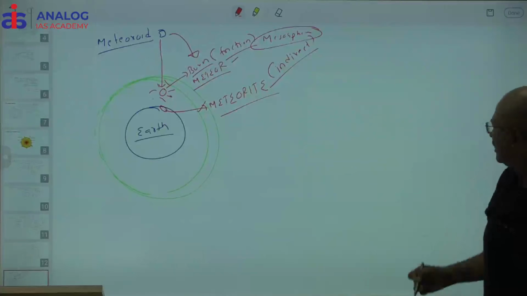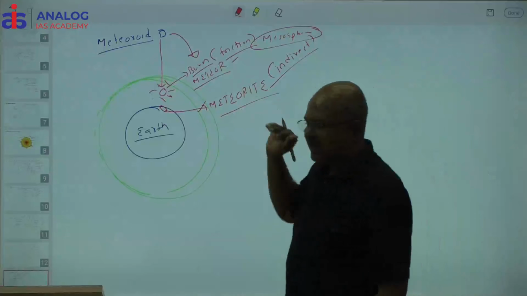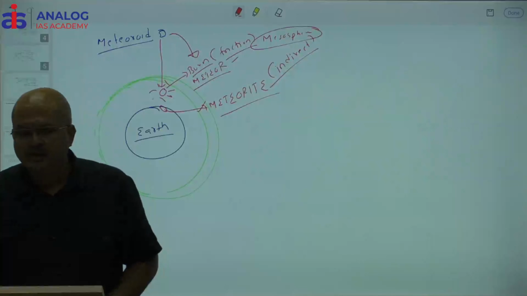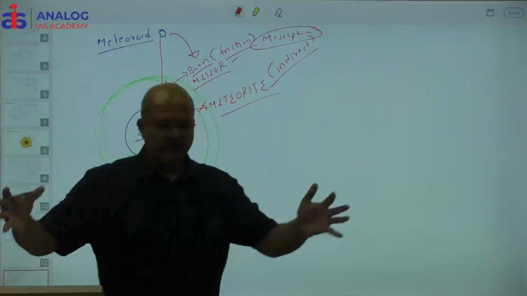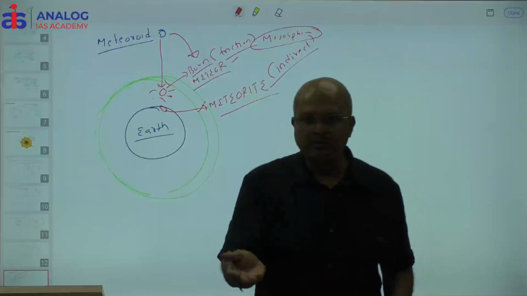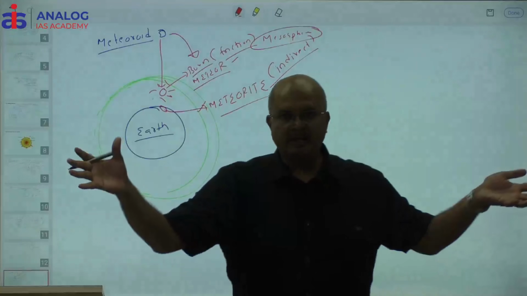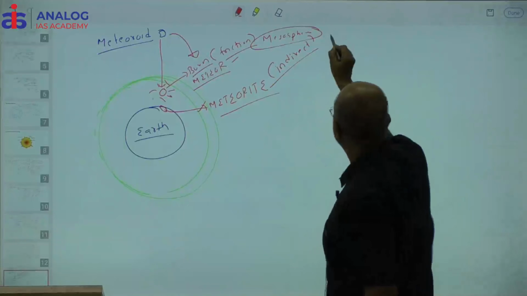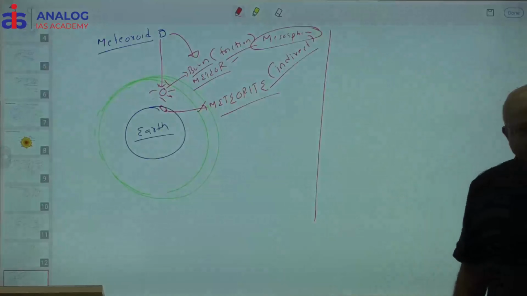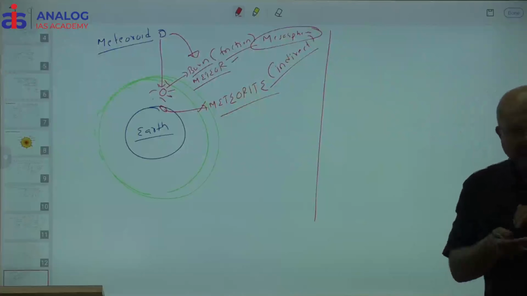Now, these meteorites or asteroids, when they collide with the planet, it is something like throwing a big rock on the surface, which creates a bowl. Meteorites are big ones. Now, in the same way, meteorites or asteroids, when they collide with the Earth, they will create bowl-like depressions.